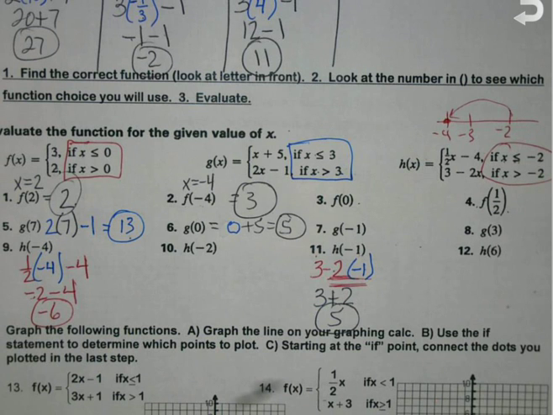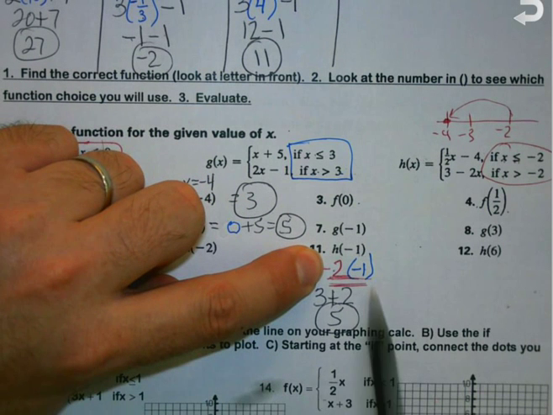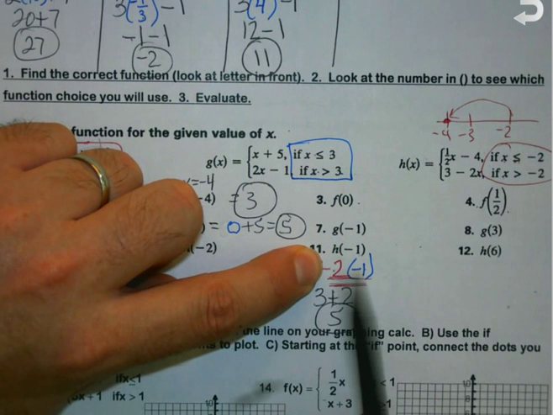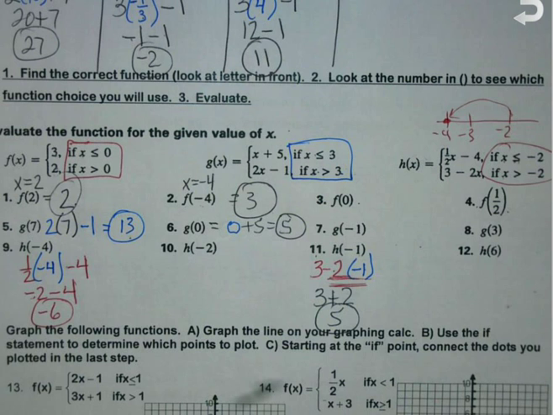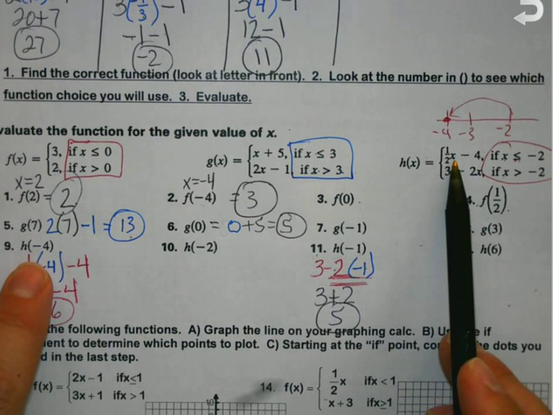Questions on the algebra way of doing piecewise before we go into graphing? But how is that a positive? There's 3 minus 2. Okay. So if I look at this, I'm multiplying these two values together. So yeah, that's the negative times the negative. Where's that 1/2? The 1/2, because since negative 4 is less than negative 2, I'm plugging it into this one.